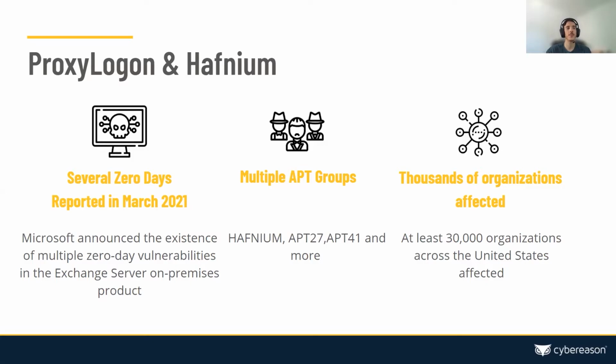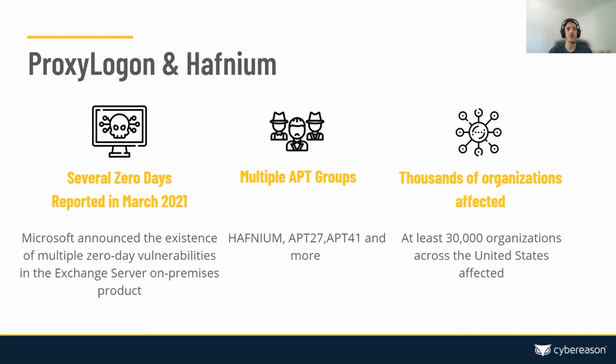Hey, so first, for those of you who are not familiar with this incident, let's start with some background. In March 2021, Microsoft announced the existence of multiple zero-day vulnerabilities, collectively referred to as Proxylogon, in the Exchange Server on-premise product, along with an urgent security update to mitigate further exploitation.